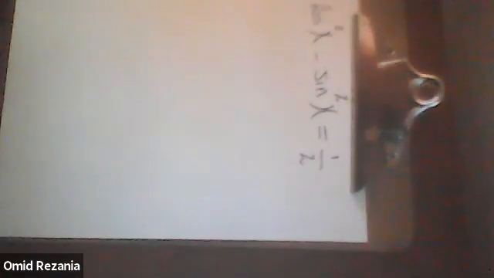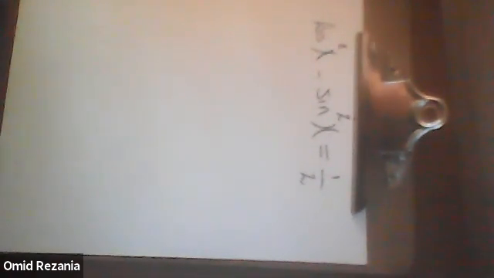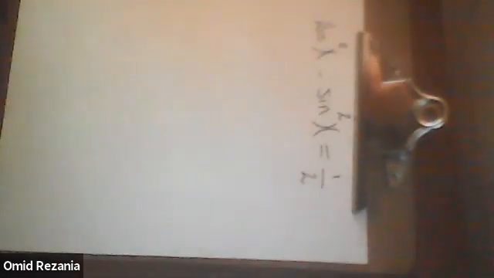Okay, guys, spend maybe 5 minutes to see what kind of strategy you may end up with to solve this trigonometric equation, which is cosine squared x minus sine squared x equals to 1 over 2.